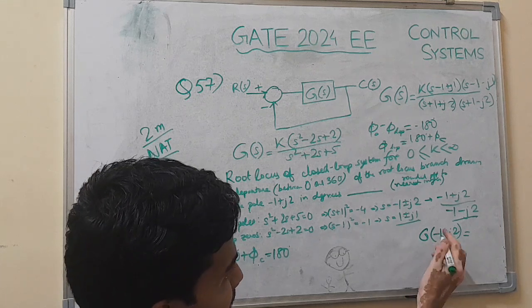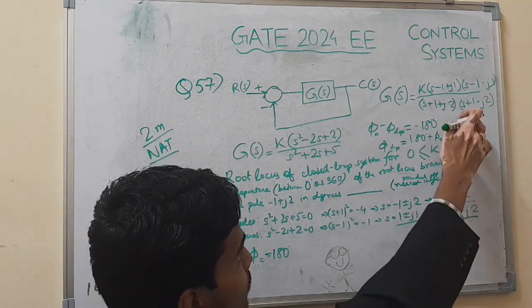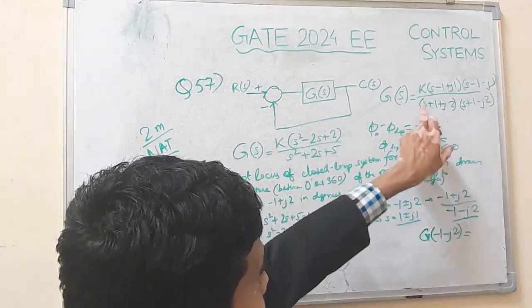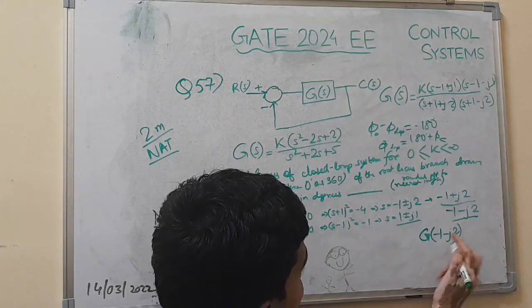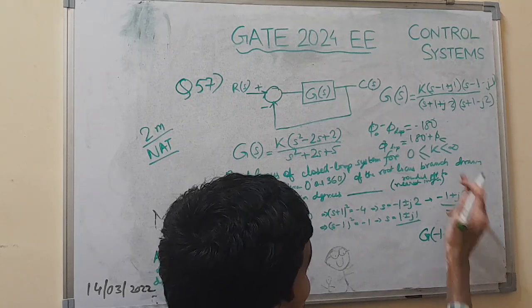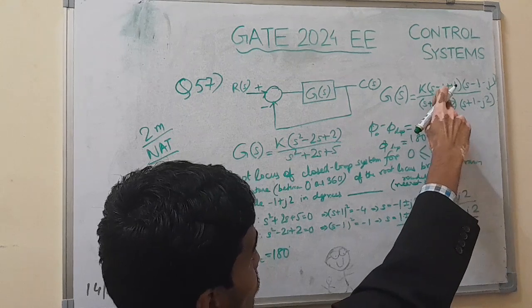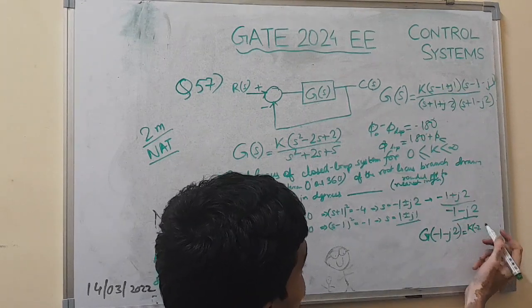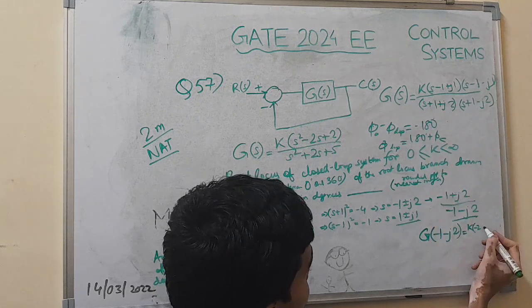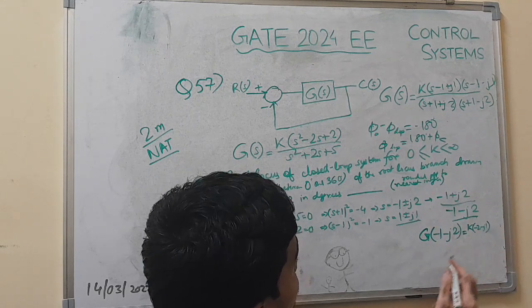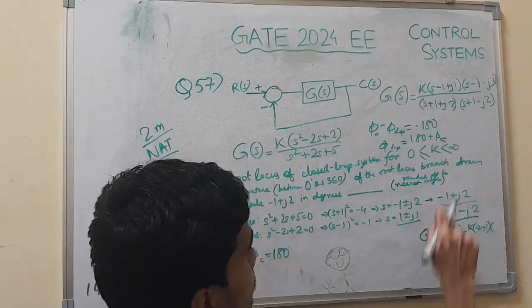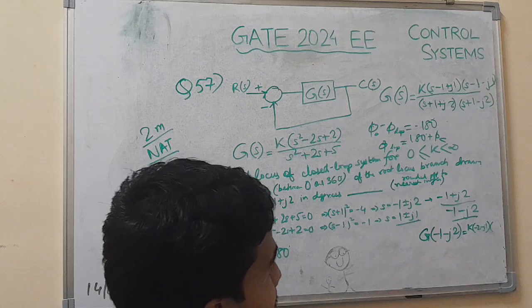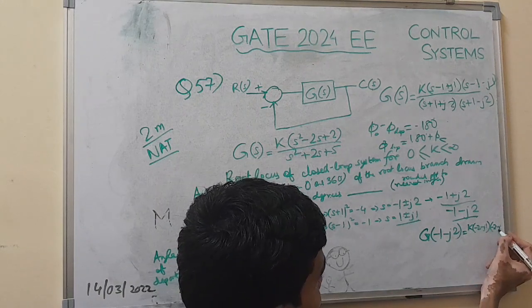For checking this, we have to remove this term, of course. If you remove this term, the contribution will be K times (-1 minus j2 minus 1 plus j), so effectively -2 minus j. And the other one will be -1 minus j2 minus 1 minus j, so it will be -2 minus j3.